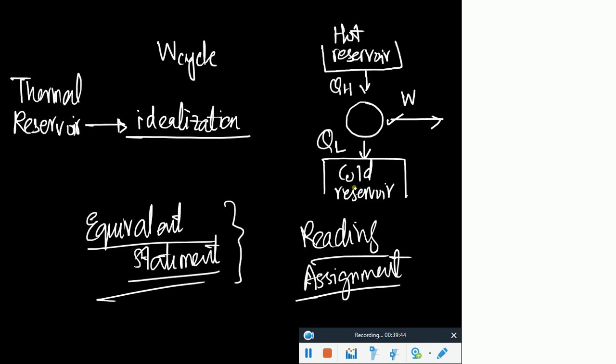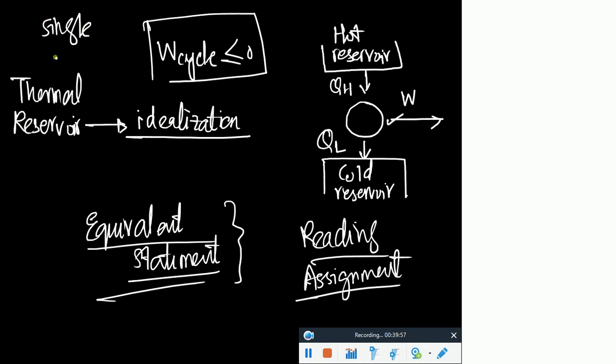Do you understand that? Right? So you can't have positive work according to this Kelvin-Planck statement. This is a mathematical representation of it, and obviously we are talking about a single thermal reservoir. In that case, the system would have negative work, so you need to do something on the system. Okay. That was a reading assignment I have already given you.